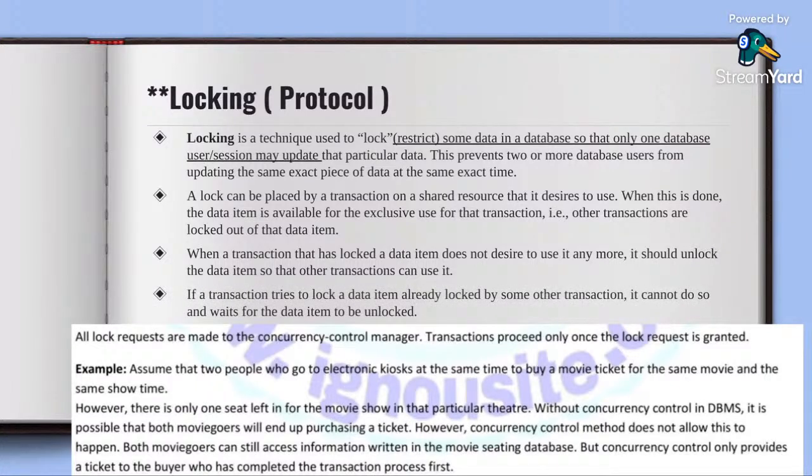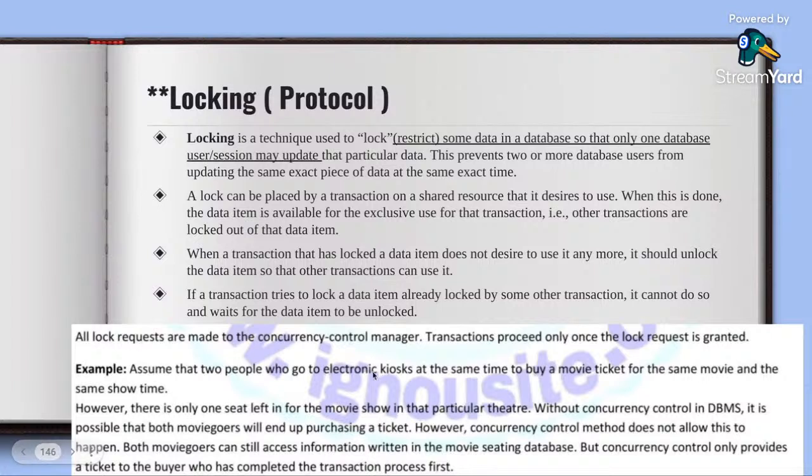If a transaction tries to lock a data item already locked by some other transaction, it cannot do so and waits for the data item to be unlocked. So all lock requests are made to the concurrency control manager. Transactions proceed only once the lock request is granted.